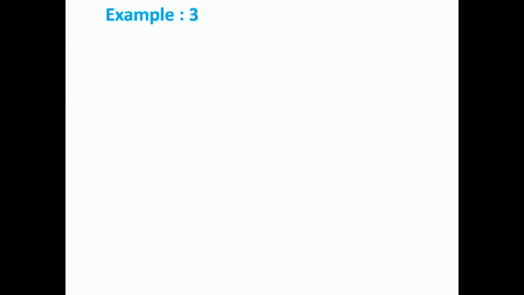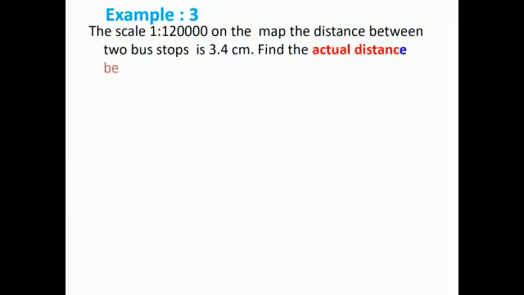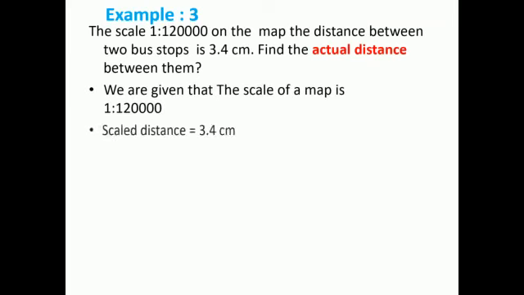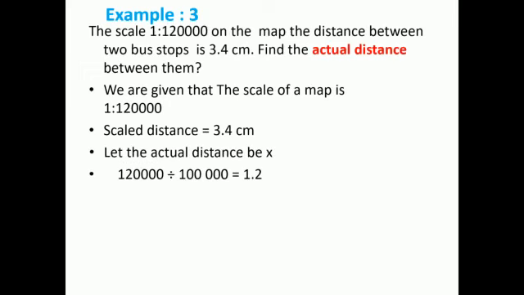Okay. So the last example, example number 3. The scale is 1:120,000 on the map. The distance between two bus stops is 3.4 centimeter. Find the actual distance between them. Okay, so take the ratio, the scale factor. Then we have to change it into kilometer because we are finding the actual distance.